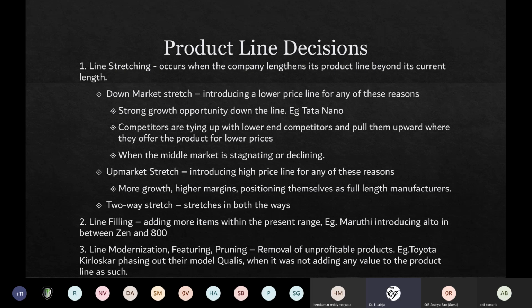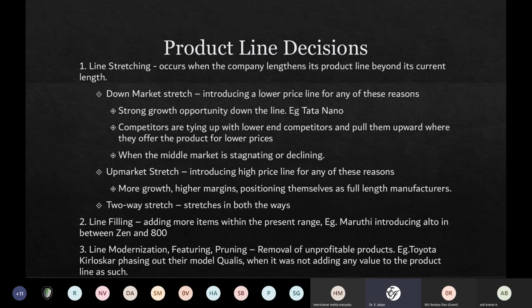Instead, you reduce the price and offer the same product to the lower end. Automatically, you can again gain more sales. At least you can enjoy the maturity stage for a few months, maybe a few years. Instead of losing completely what you have, you are utilizing your brand name and everything you have, and you are lowering the cost. This is what the down stretch strategy is adopted for.